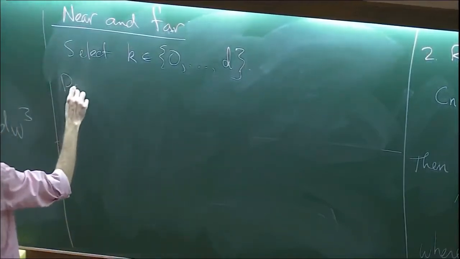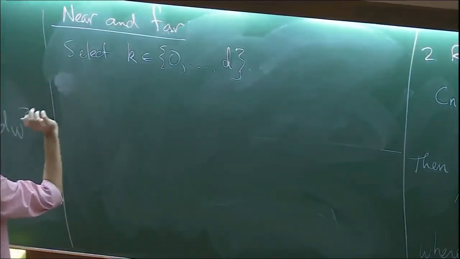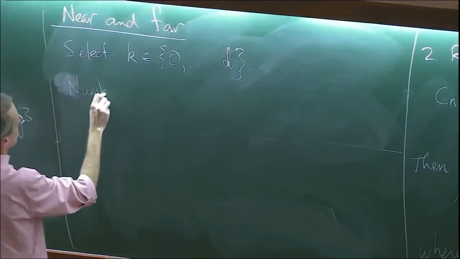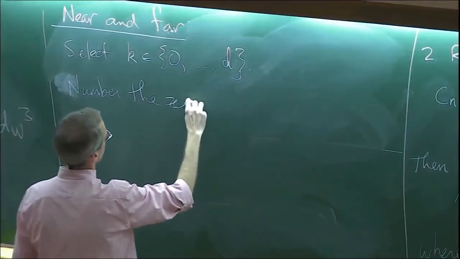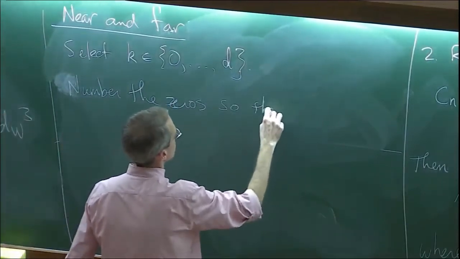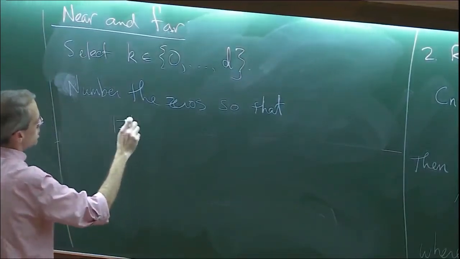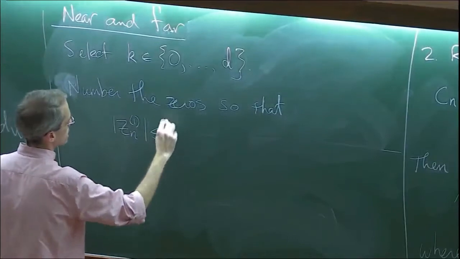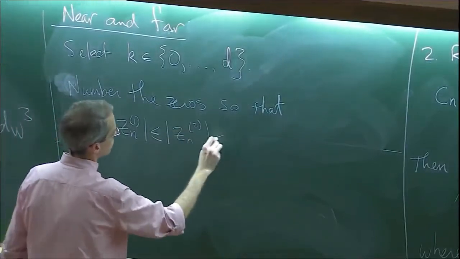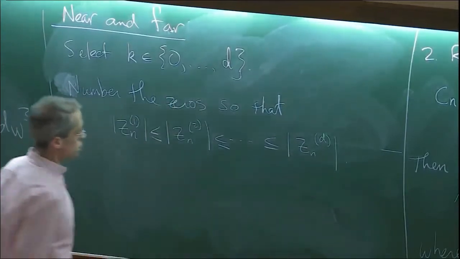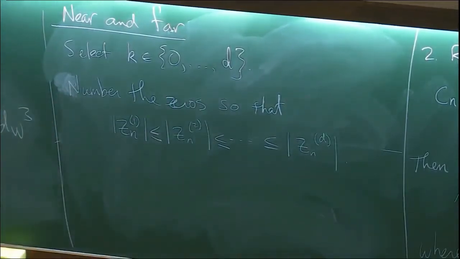Let's also number the zeros so that they come in increasing order of absolute value: Zn1 has absolute value less than or equal to Zn2, and so on. So of the d zeros that are all coming in toward the origin, you just number them in weakly increasing order of absolute value.